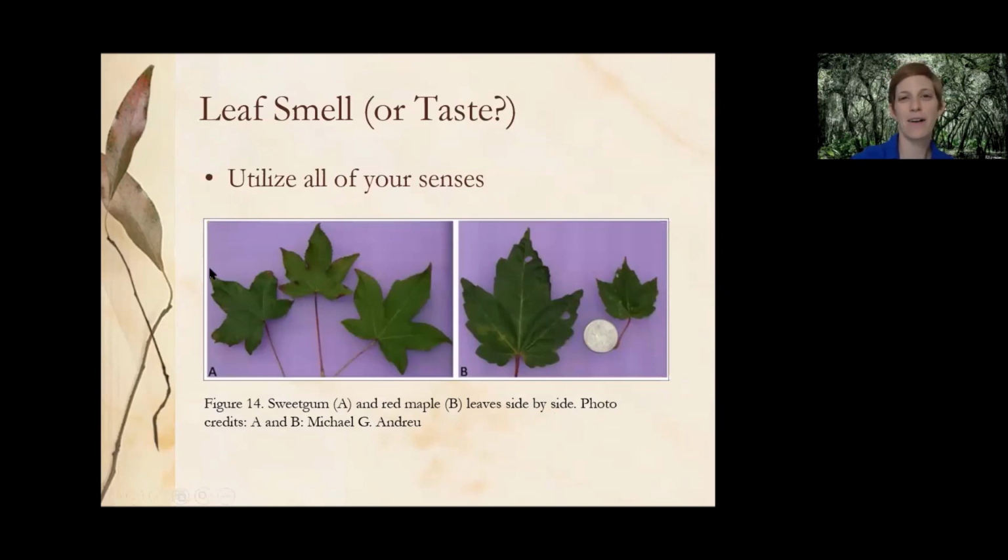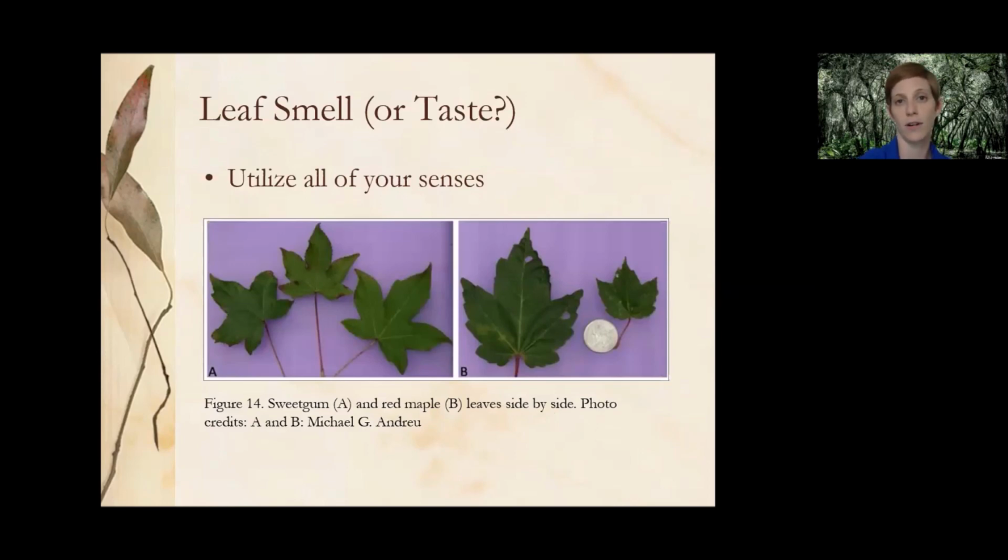So, leaf smell or taste. Again, I'm not going to encourage taste, but I do love using our sense of smell when it comes to identifying, especially if leaves have a nice aromatic smell to them. What's featured here is, on the left, sweet gum, and on the right, red maple.